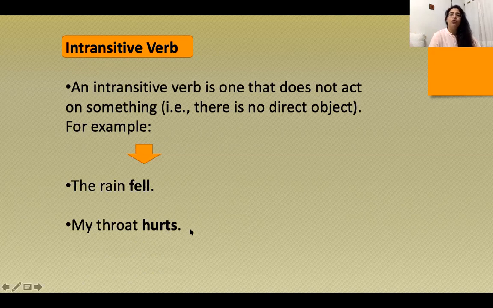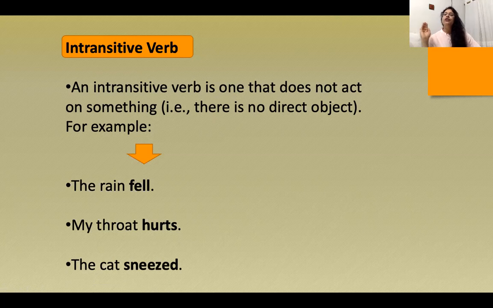So there is no direct object here. The cat sneezed. The cat performed the action. Whom or what, the verb cannot answer. So there is no direct object where we can clearly identify how a subject's action is being transferred.